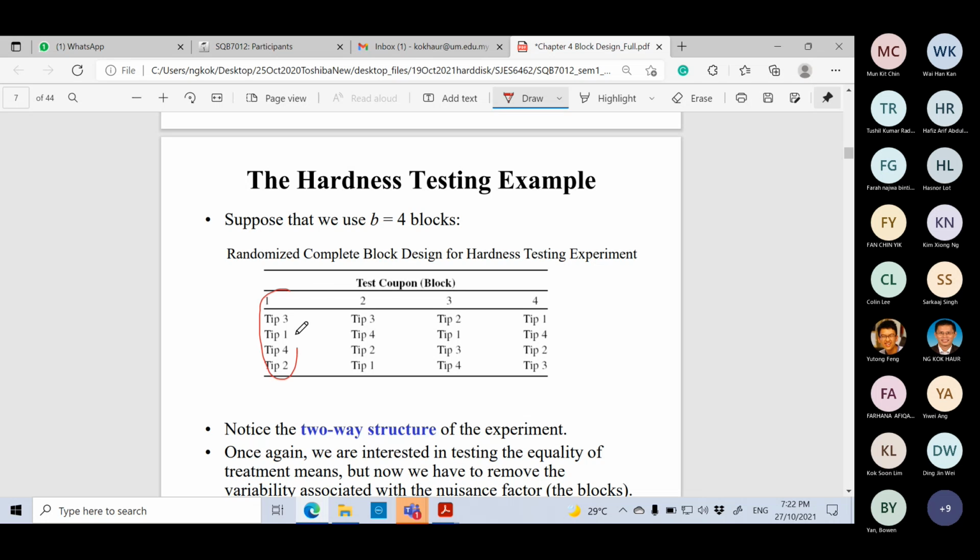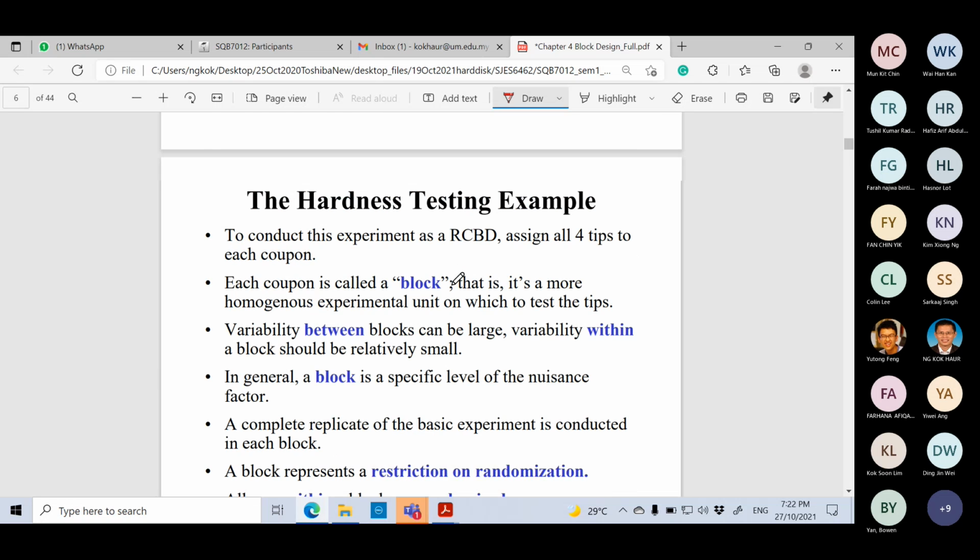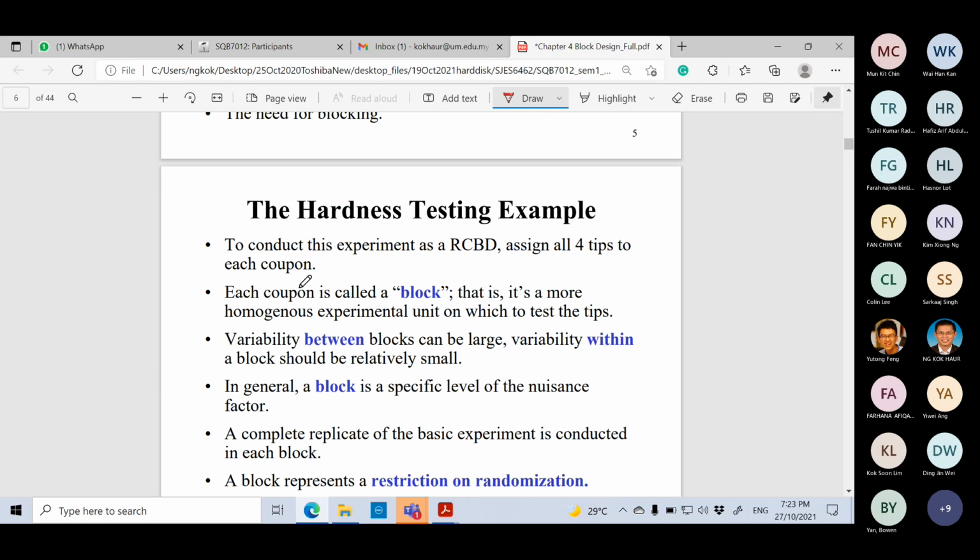The first block will be here, the second block, the third block, and the 4th block. The test component is considered a block here. So this is what the experiment is. Each component is called a block. They are more homogeneous experimental units on which they test the tips. So the variability between the blocks can be large, and the variability within the block should be small and relative.